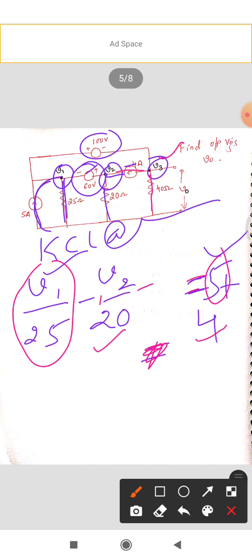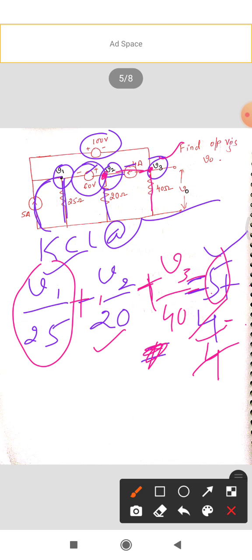So plus V1 by 25 plus V2 divided by 20, then V3 divided by 40 ohm resistance. And there is one more independent current source which is leaving the node, so it should be minus 4.